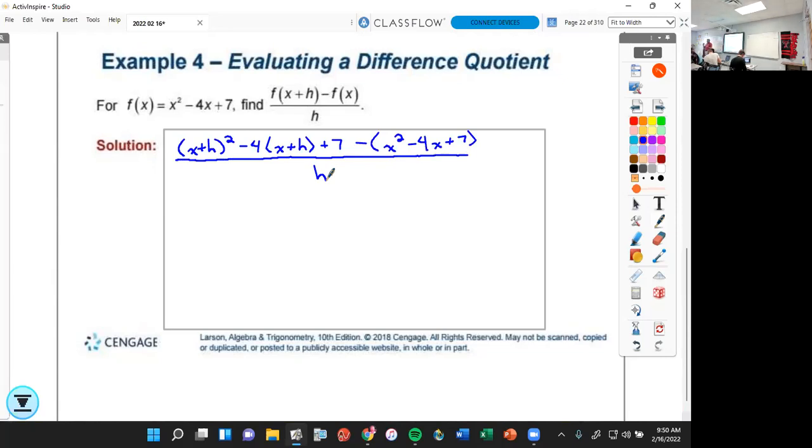We now have to multiply everything out and combine like terms in the numerator. If I took x plus h and squared it, that would be x plus h times x plus h. So first times first: x squared. Outside times outside: xh, hx, whichever. Inside times inside.